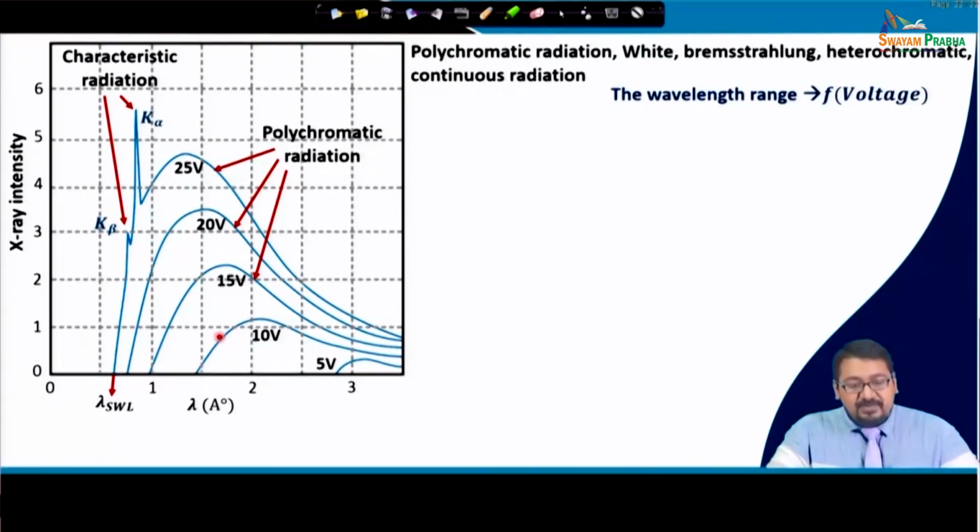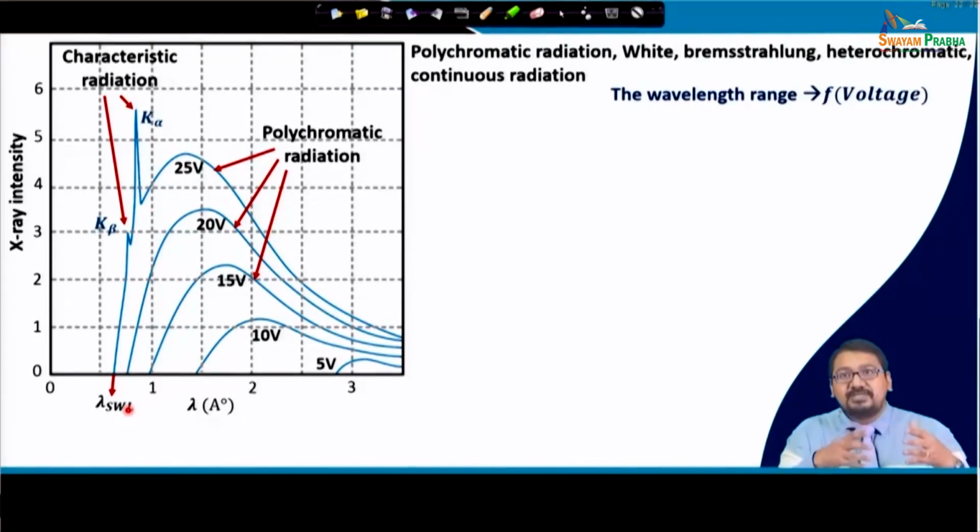When the voltage is increased from 5 kilovolt to 10 kilovolt, the minimum lambda, usually known as the short wavelength limit lambda, decreases. It decreases again at 15, again at 20, and much more at 25. So lambda SWL keeps on decreasing as the voltage keeps on increasing.